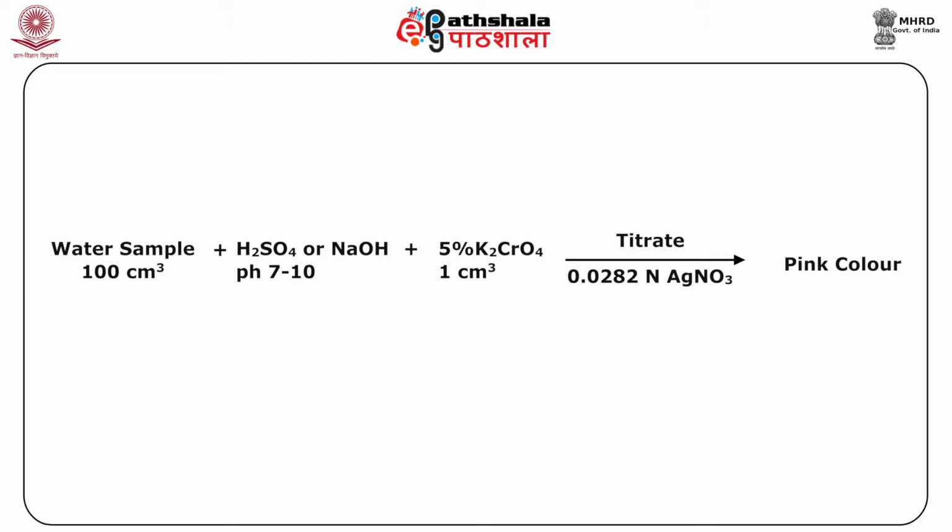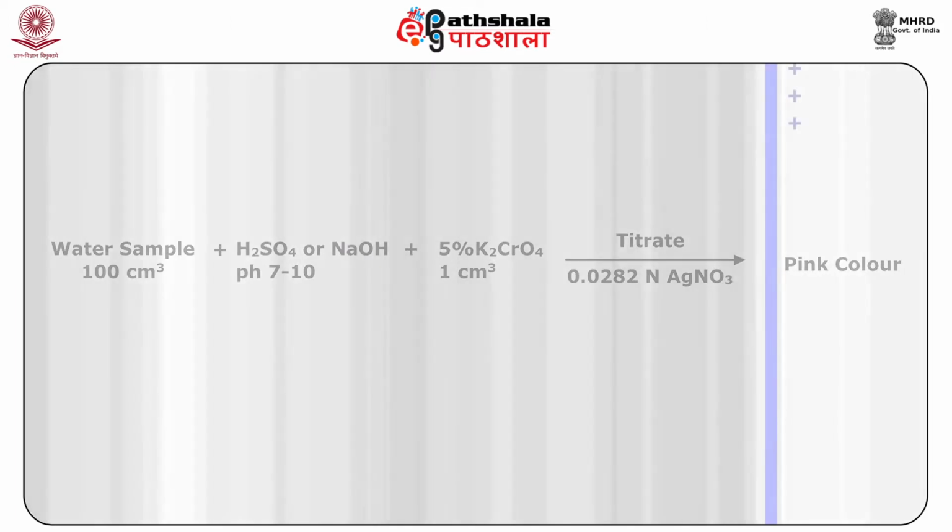So, this is how it is done. Take 100 cm³ water sample, add H2SO4 or NaOH to maintain the pH between 7 to 10 and then add 1 cm³ of 5% K2CrO4. Do the titration with 0.0282 normal AgNO3 and there will be formation of pink color.